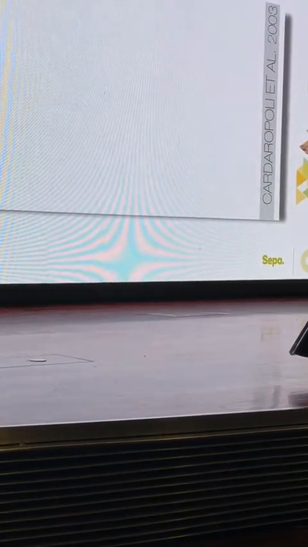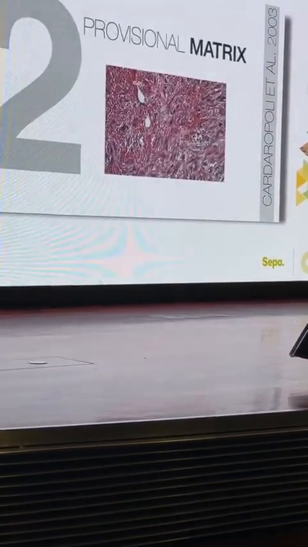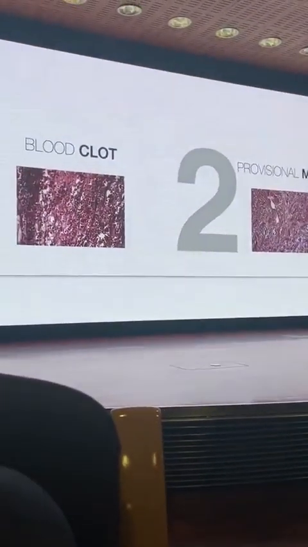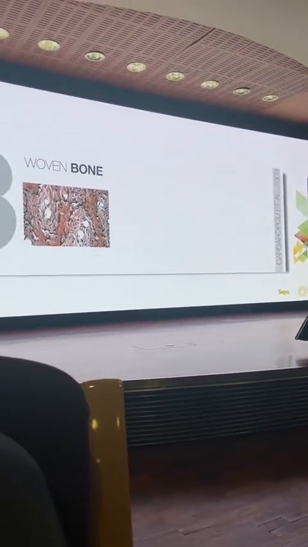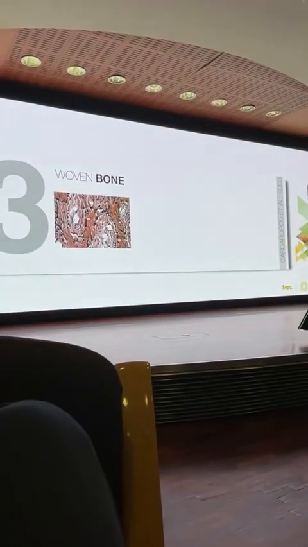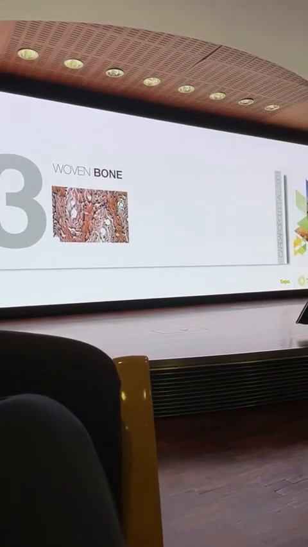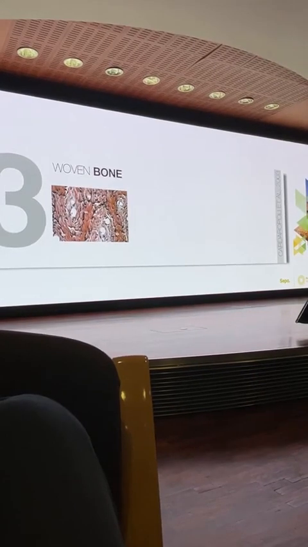And the basic rule is the presence of a blood clot that is going to be transformed into a provisional matrix, that is then going to be transformed into woven bone. But the jump from stage 2 to stage 3 of the healing is depending on the physical and chemical environment.